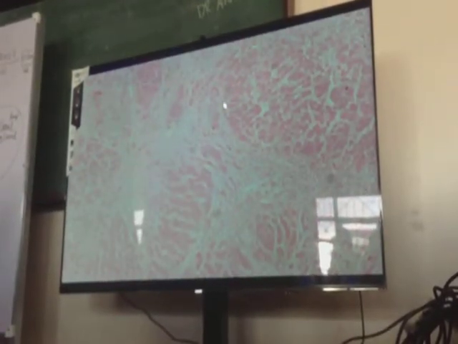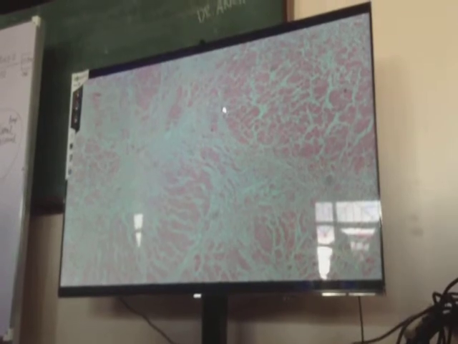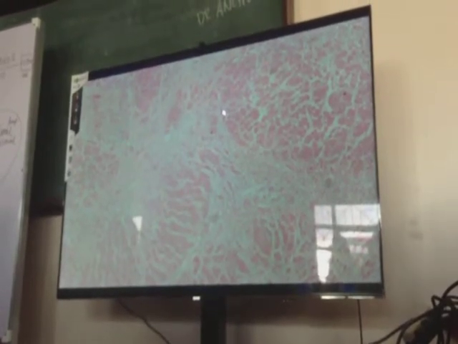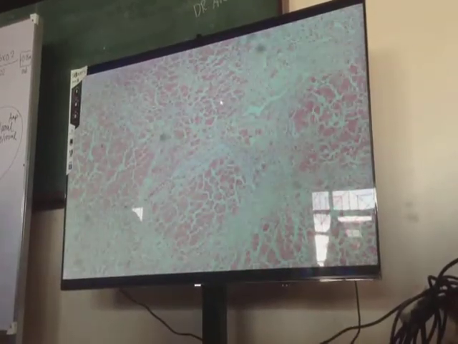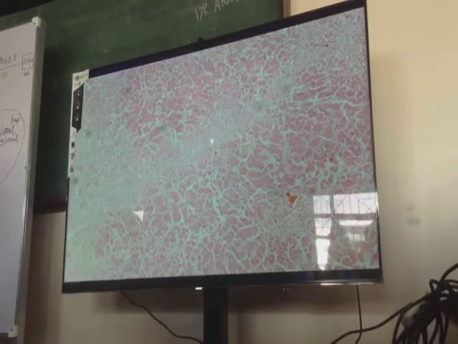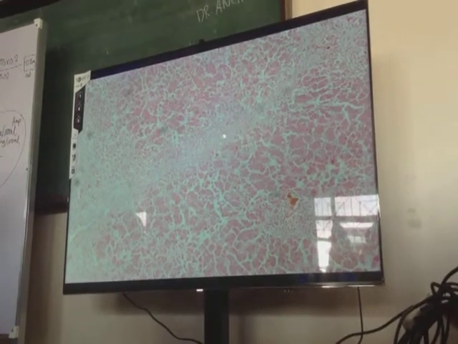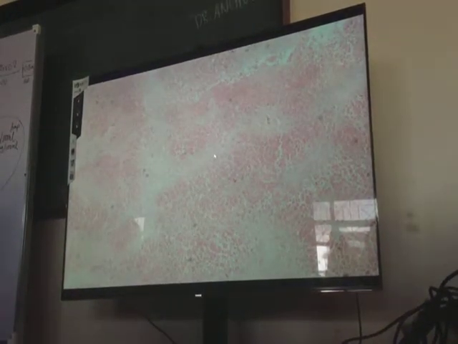Actually, this slide is diagnosed as slide number 7, submassive hepatic necrosis. However, we cannot discount the prominence of the bridging fibrosis, which is characteristic of cirrhosis. So, necrosis or submassive necrosis should be seen inside the lobules.